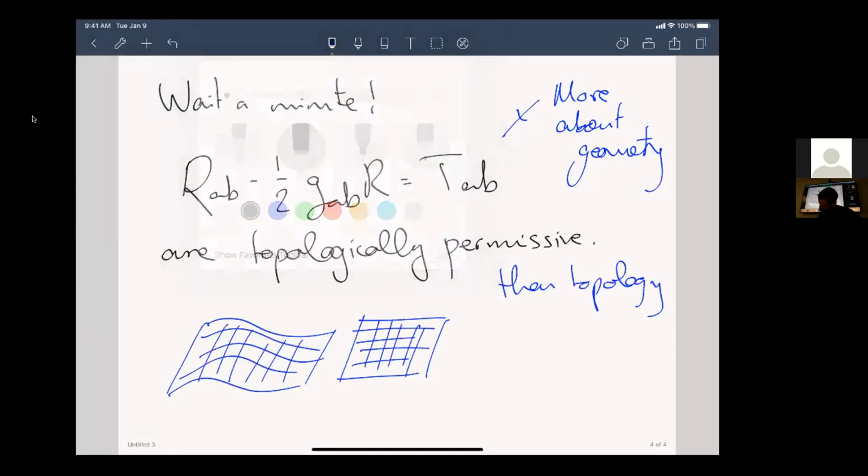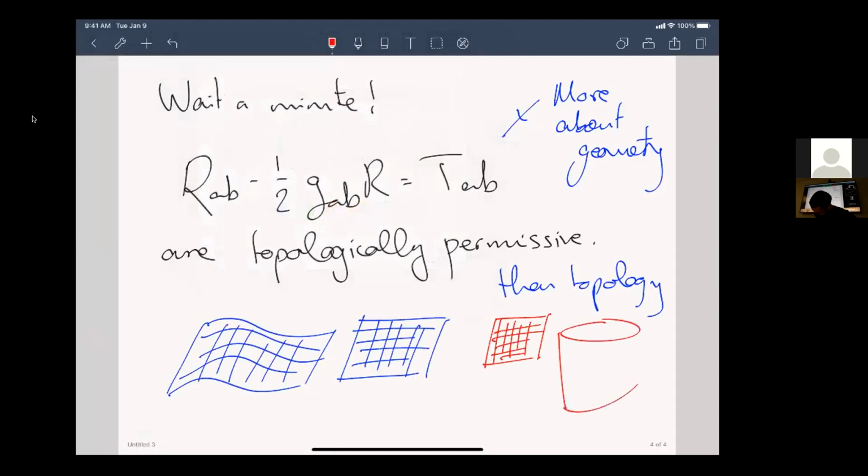And of course, let's use a different color. Apologies to those who are colorblind. These are geometrically identical, but topologically distinct. So this is the cylinder. The actual local geometry of the cylinder is that of flat space. So if you measured triangles, angles, and so on, you'd see the same things as you would here.